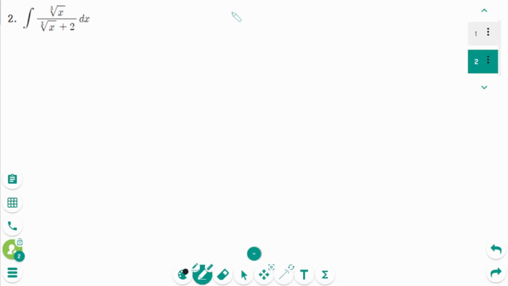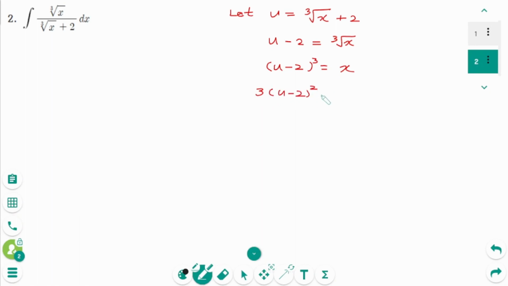Number 2. Let u equal cube root of x plus 2, then minus 2 on each side, u minus 2 equals cube root of x, then u minus 2 cubed equals x. Differentiate each side: 3 times u minus 2 squared du equals dx.